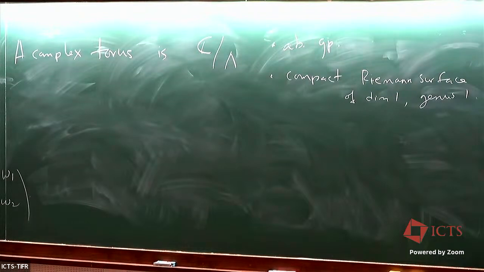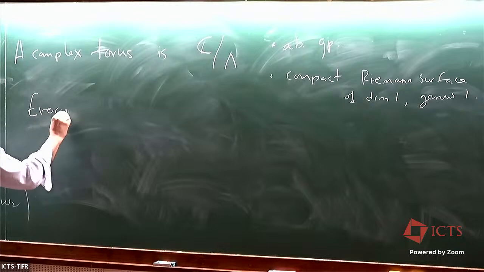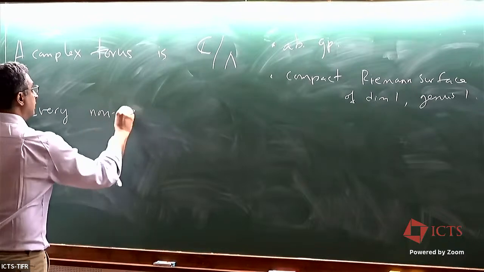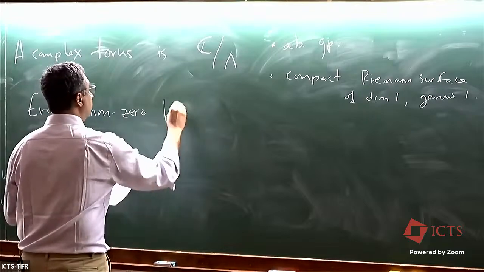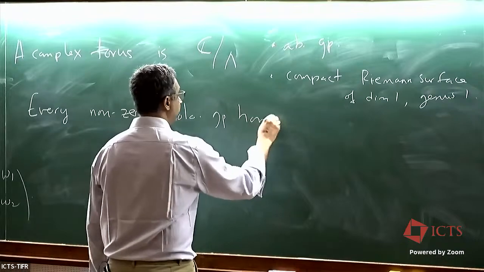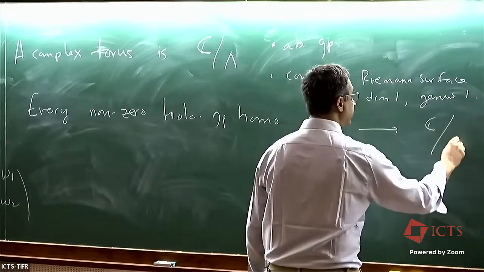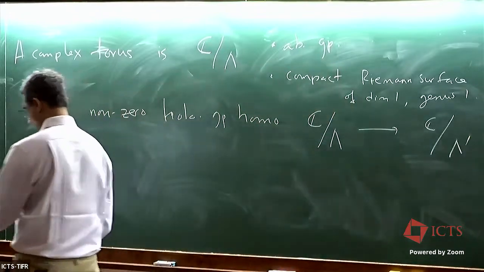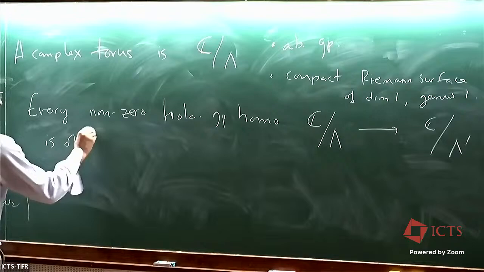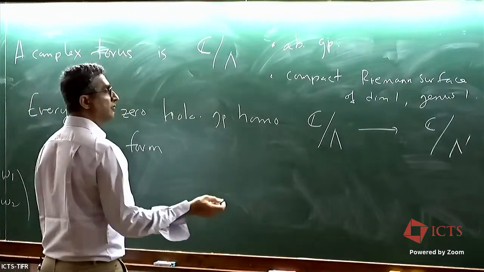Okay, so here is an important fact that one needs. I'm going to try and do one proof in every lecture, but maybe not this one. So every non-zero holomorphic group homomorphism from C mod lambda to C mod lambda prime, suppose you have two complex tori, is of the form multiplication by alpha, basically.